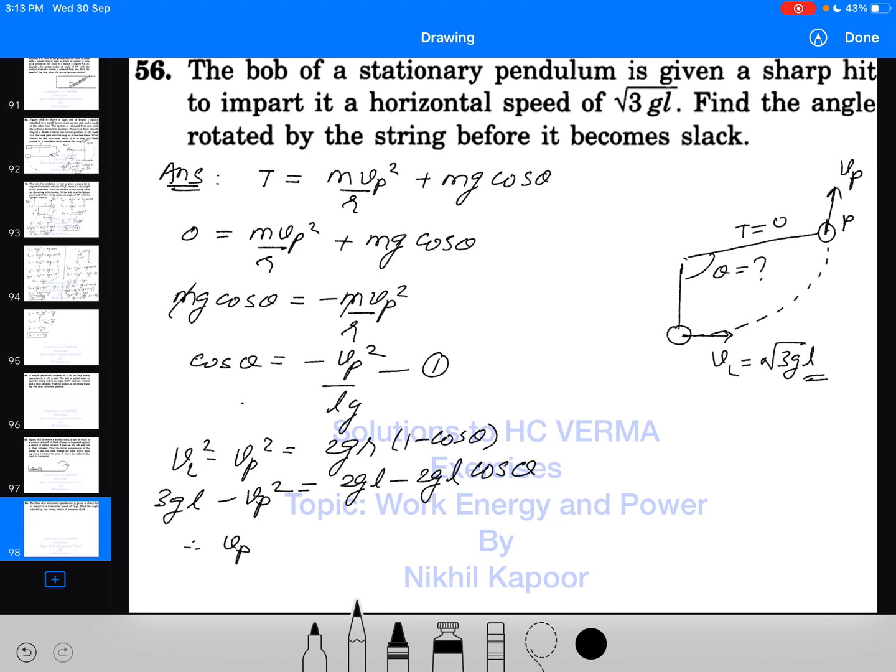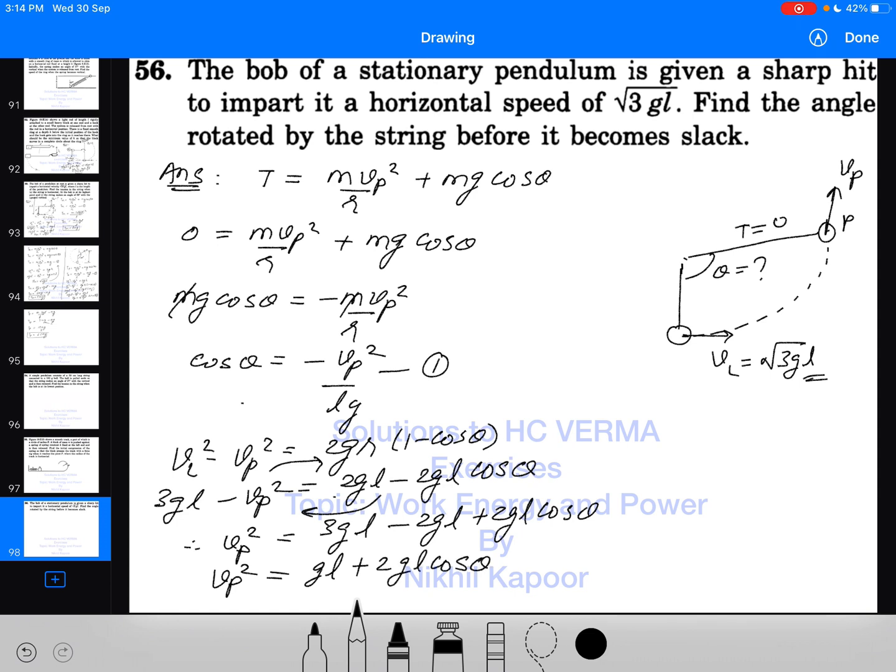On solving, v_p square is 3gl minus 2gl plus 2gl cos theta. So the speed at point p square comes out to be gl plus 2gl cos theta.